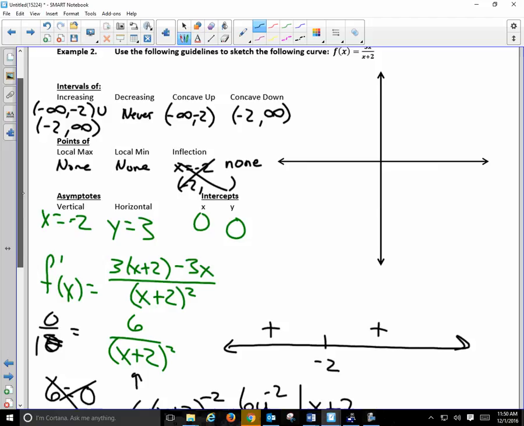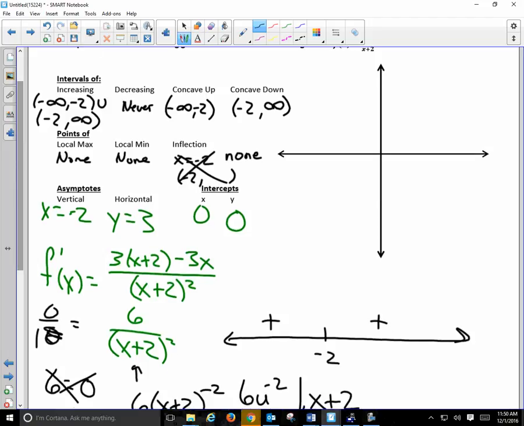Well, now we can sketch it. We have intercepts at 0, and I'm going to have 1, 2, 3, 4, 1, 2. Vertical asymptote at -2. Horizontal asymptote at 3.